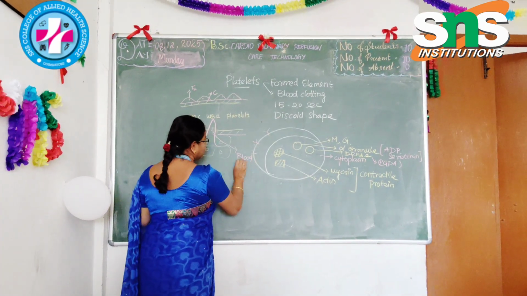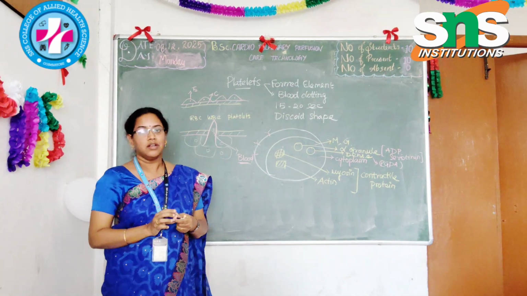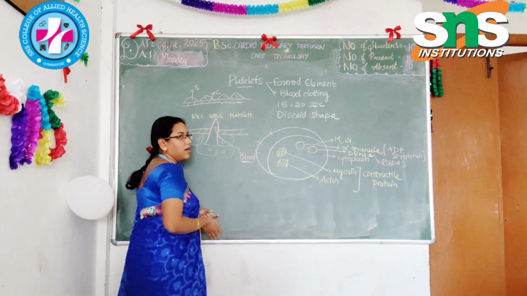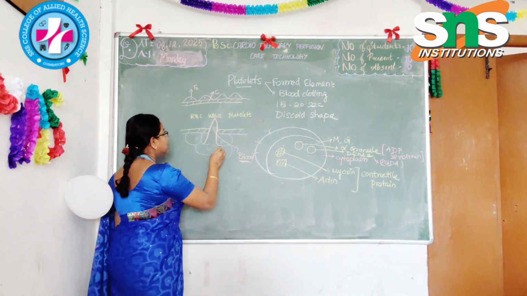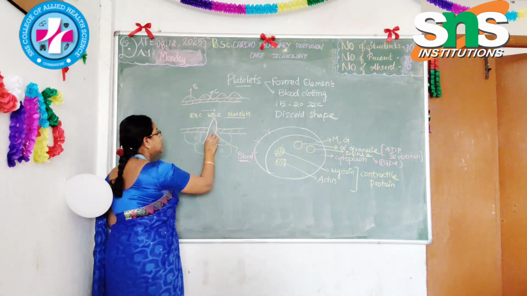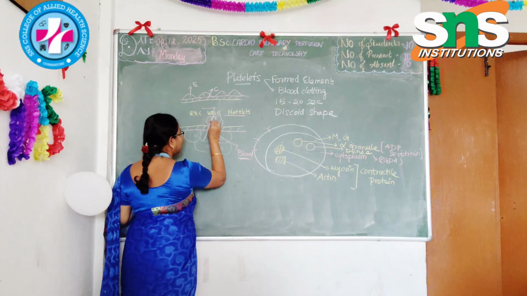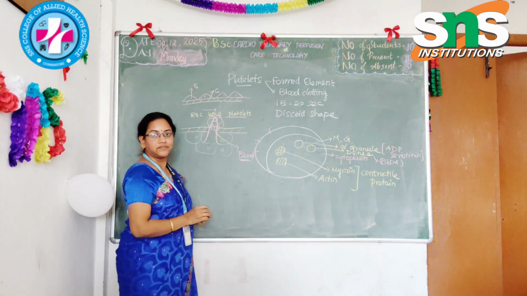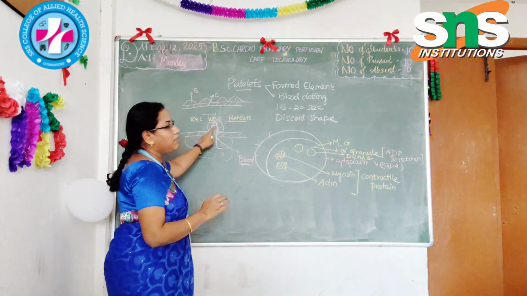Blood will be oozing from this side. To stop the blood from flowing out, the platelets automatically get activated. The platelet is traveling at the center of the blood vessel. It starts coming to the margin, and the platelets will clump together and arrest the bleeding.